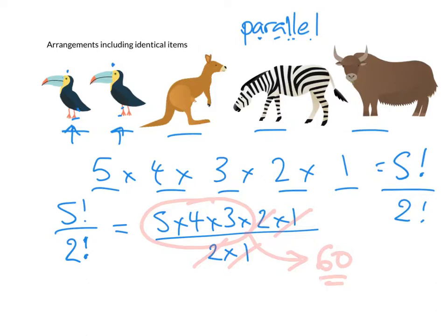So we can have 60 ways that we can arrange those guys, and we don't notice how the toucans appear. So it becomes a reduction. Otherwise it would have been 120 for straight up 5 factorial.